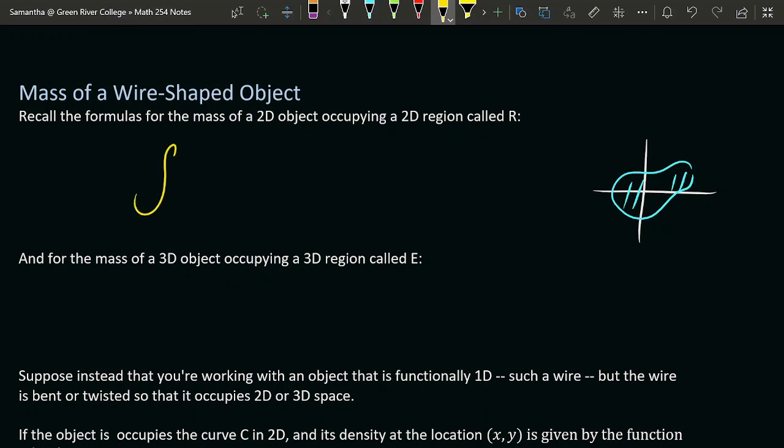We could use a double integral over the region R occupied by this object of that two-dimensional density function. And that double integral would find the mass of this two-dimensional object in two-dimensional space.